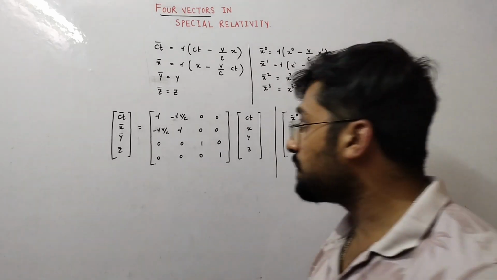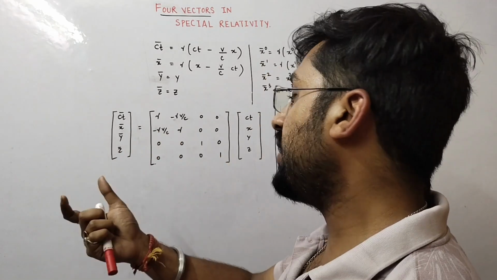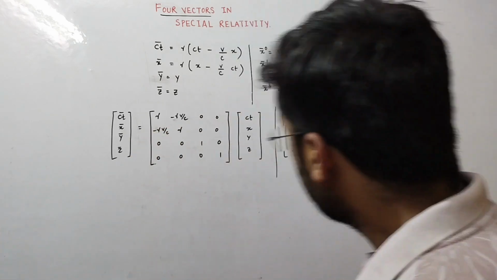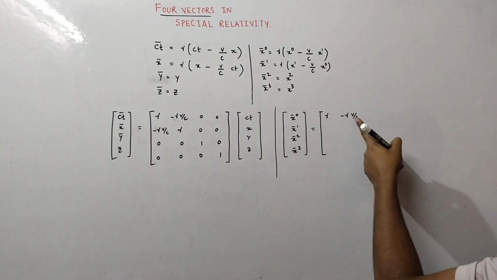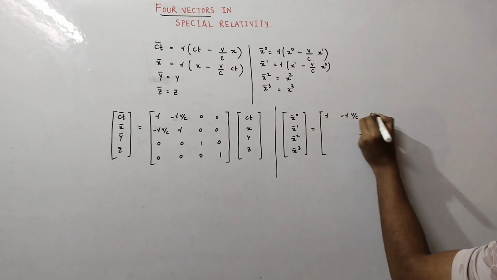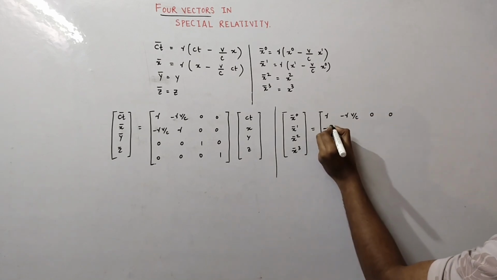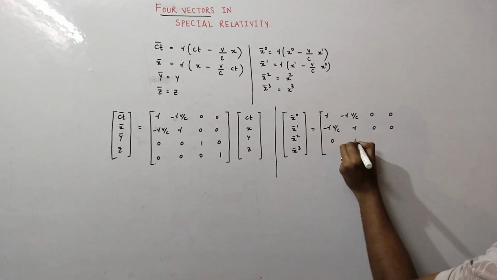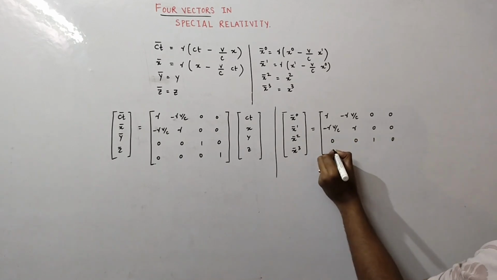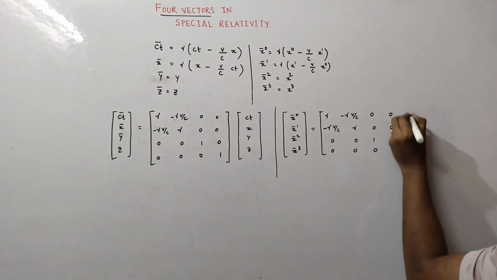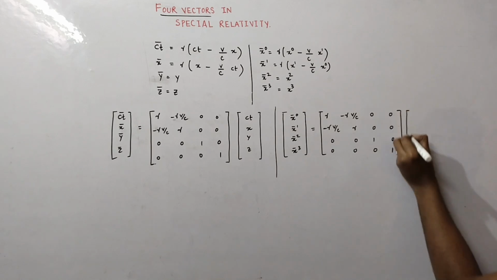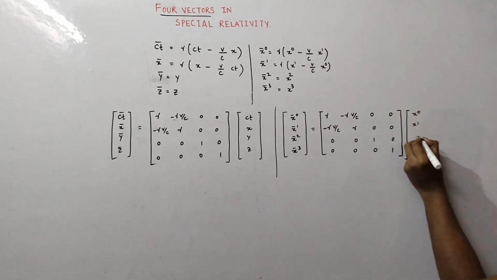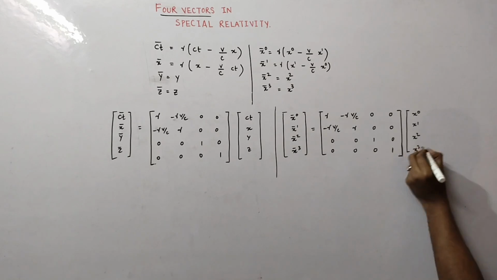Now in some books, what they do is they replace this v upon c with a factor of beta, right? So you can also write beta in place of v upon c. So this will be 0 0, minus gamma v upon c, gamma, 0 0. This will be 0 0 1 0 and this will be 0 0 0 and 1, right? And the other matrix will be x0, x1, x2 and x3.